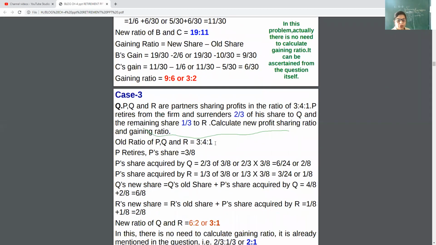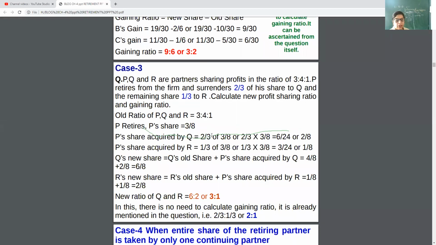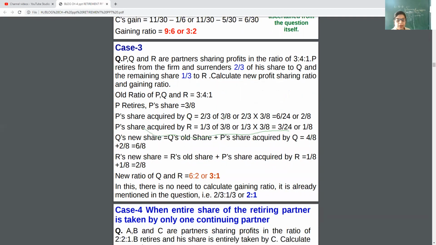The old ratio is 3, 4, 1. P retires. What is his share here? 3/8. Now this 3/8 will be shared by the remaining partners, Q and R.